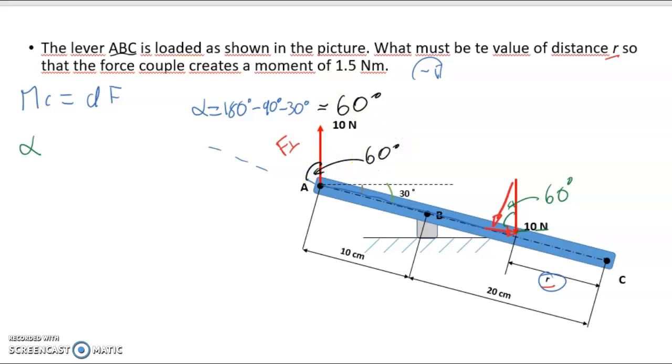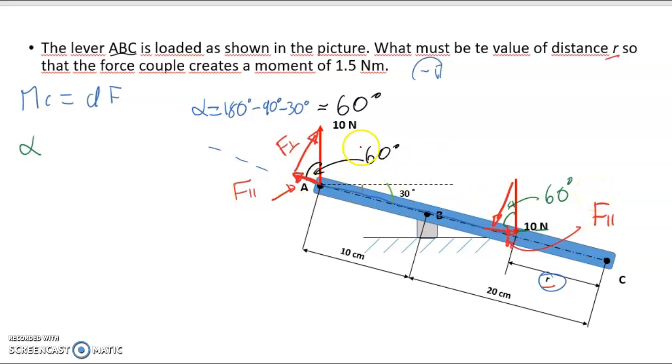Not that much. Why? What happened with the other section of the force? If the forces that are perpendicular are the ones that create the moment, what about this force? These forces are going to be force parallel to the lever.